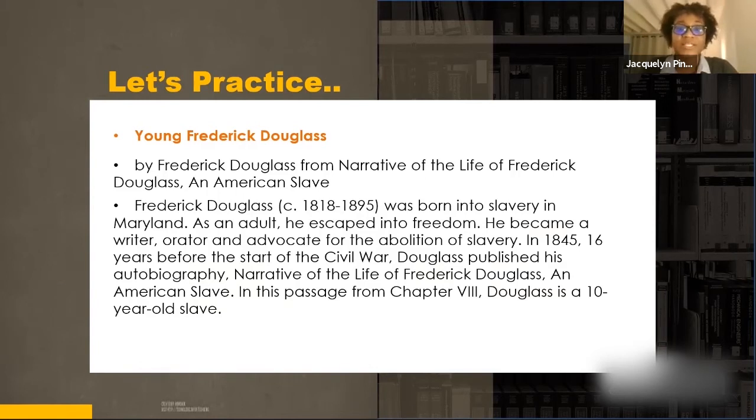As an adult, he escaped into freedom. He became a writer, orator, and advocate for the abolition of slavery. In 1845, 16 years before the start of the Civil War, Douglass published his autobiography, Narrative of the Life of Frederick Douglass, an American Slave. In this passage from chapter 5, 6, 7, 8, Douglass is a 10-year-old slave.